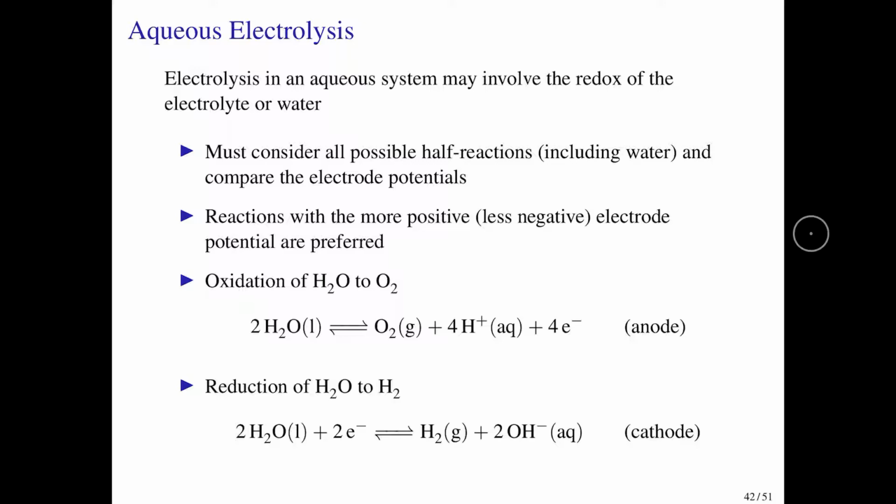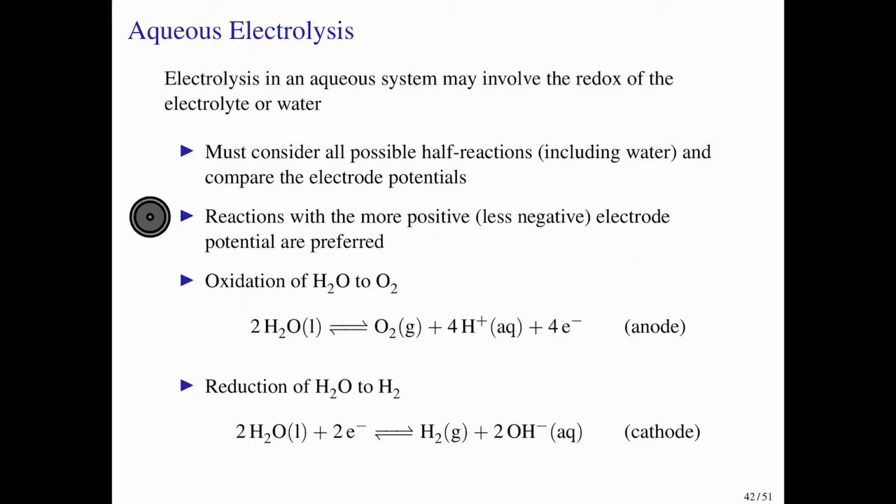The second type of electrolytic cell that we're going to talk about involves aqueous electrolysis. This is where you have your ionic compounds dissolved in aqueous solution, and there you have to consider not only the half reactions involving the solutes, but also half reactions involving water that can occur at the electrode surfaces.